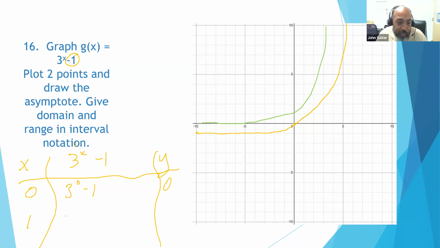If I plugged in a 1, I get 3 to the 1 power minus 1. 3 to the 1 is 3. 3 minus 1 is 2. So 2 points on this will be at 0, 0, which I already have right here in my origin. And then 1 comma 2. Oh, okay, looks like I needed to have come up a little bit more. So this is going to be more like this. See if I can erase that so we can get a clearer picture.